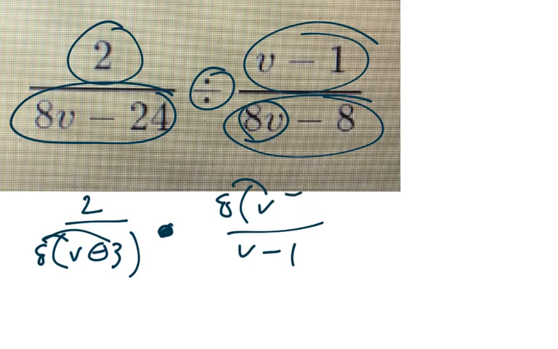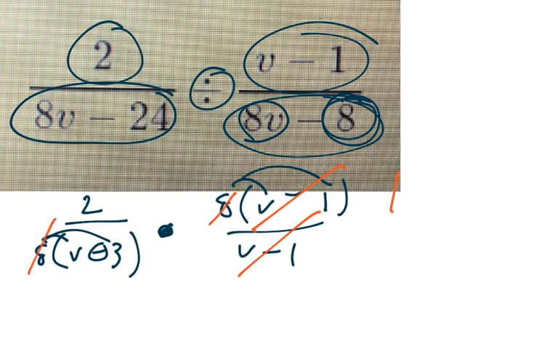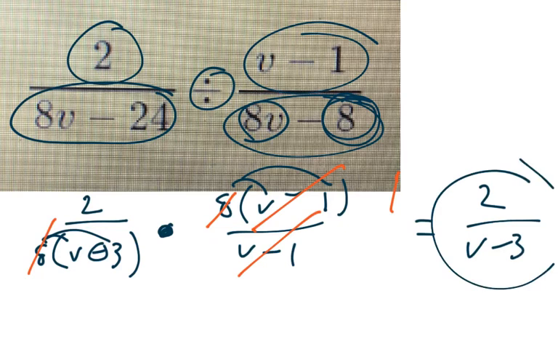I see a minus. 1 times 8 is 8. Now let's see what happens here. v minus 1 cancels out with v minus 1 to 1. 8 cancels out with 8 to 1. And that's it. My answer is 2 divided by v minus 3.